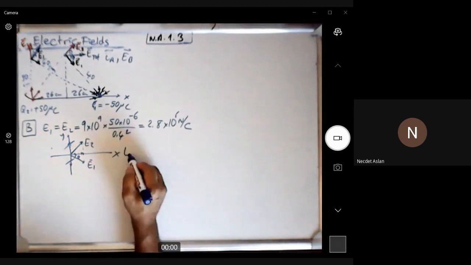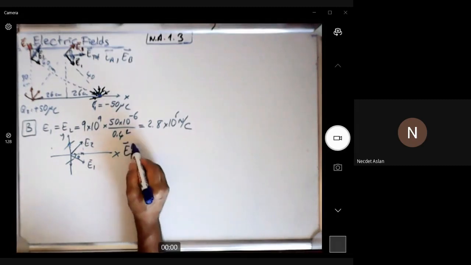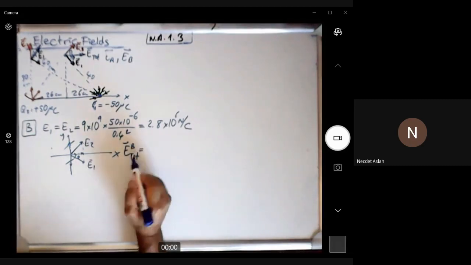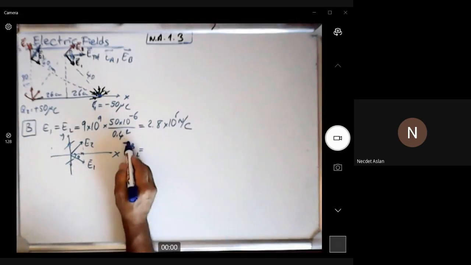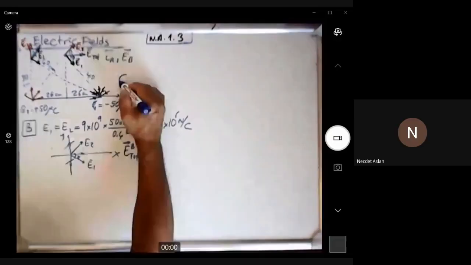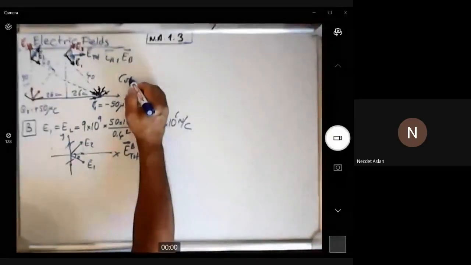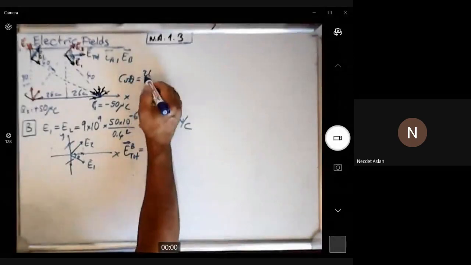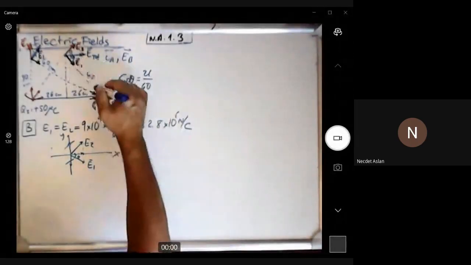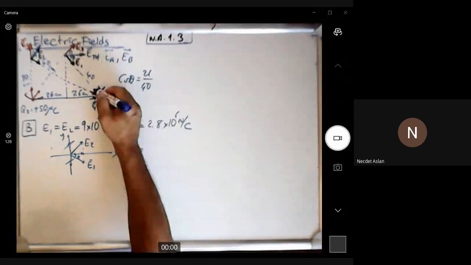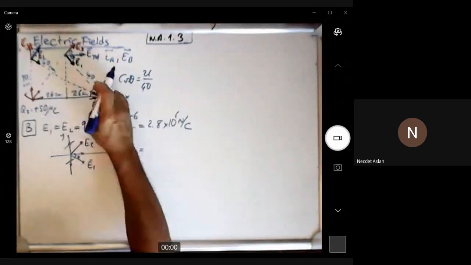So the net electric field, the total electric field, for this case at point B will be equal to, I put the vector sign, theta, by the way. Cosine theta is just 26 over 40, because this angle is exactly the same as this one. One side is 26, the other is 40.